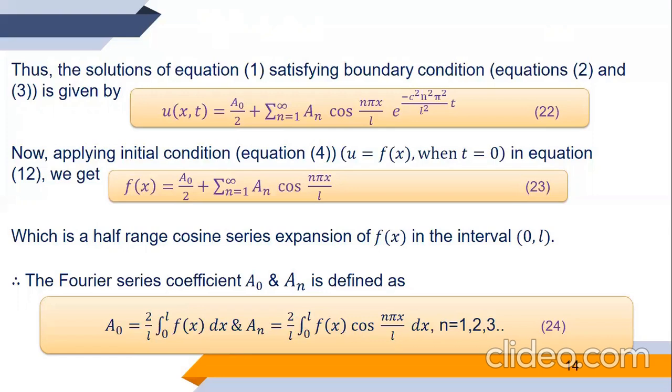So we find the solution of this heat conduction in a bar whose both ends are insulated, which has the solution form of equation number 22, where a0 and a_n are the Fourier half-range cosine series coefficients.